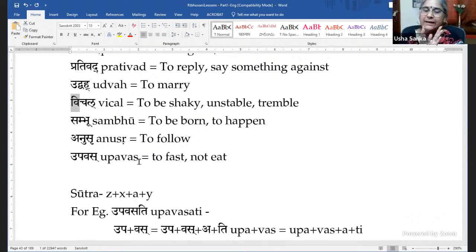So there are 20 or 22, depending upon how we count them. There are at least 2 upasargas which have alternate forms. Panini Maharshi gives them as separate upasargas, but actually they can be compacted to 20. We can count both of them as one form, and they can be made into 20.